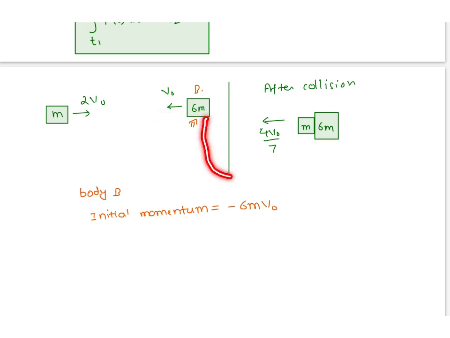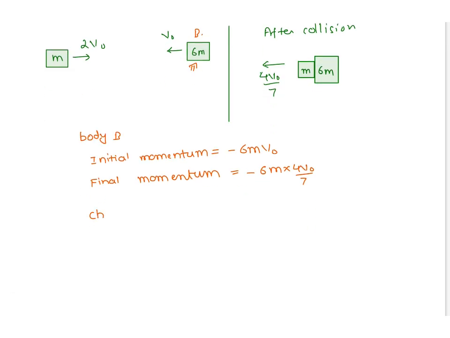And now this 6m was moving with velocity 4v naught by 7 towards the minus x direction. So what is the final momentum? Final momentum of block B will be equal to 6m, the mass, into 4v naught by 7, of course with a negative sign.